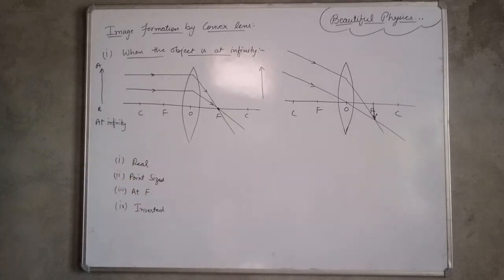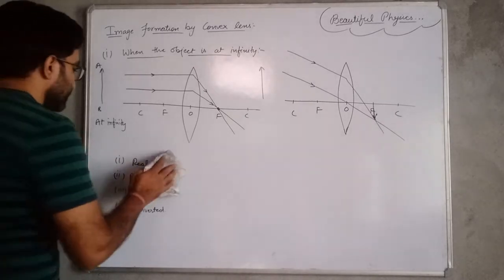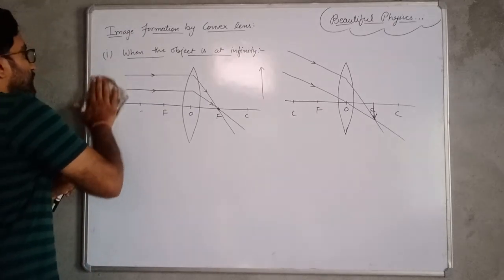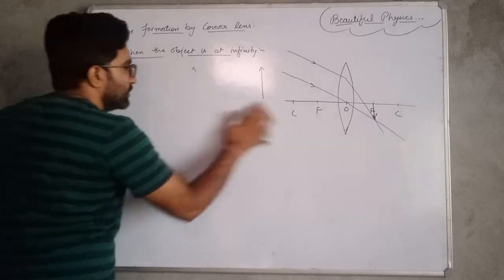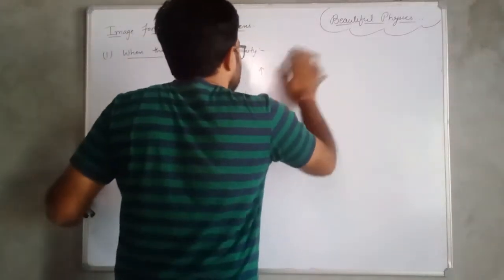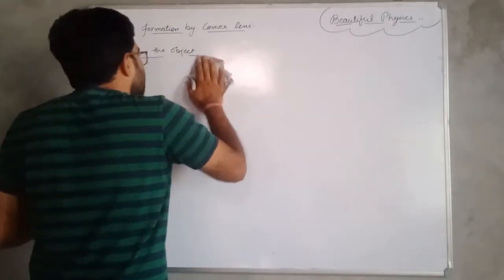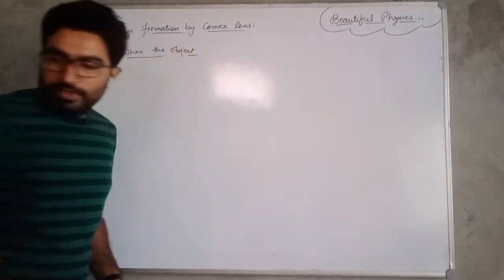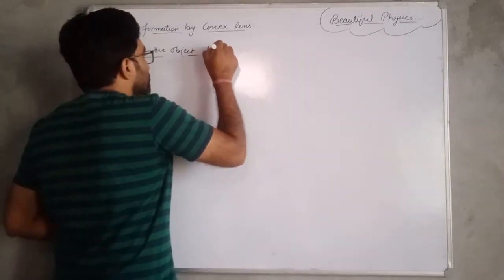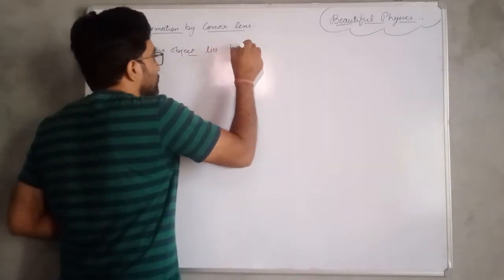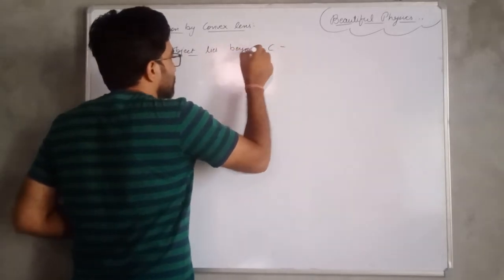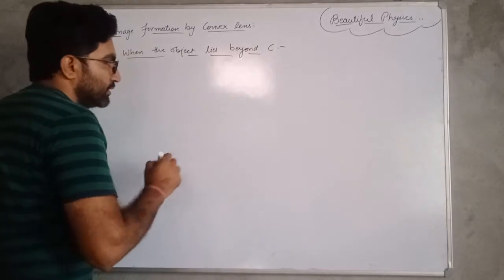Let's discuss the second case, when the object lies beyond the center of curvature, beyond C. Okay, let's draw the diagram.